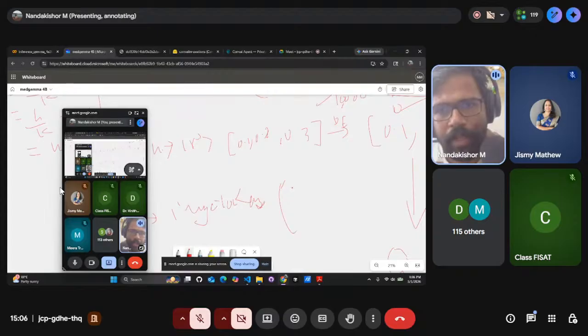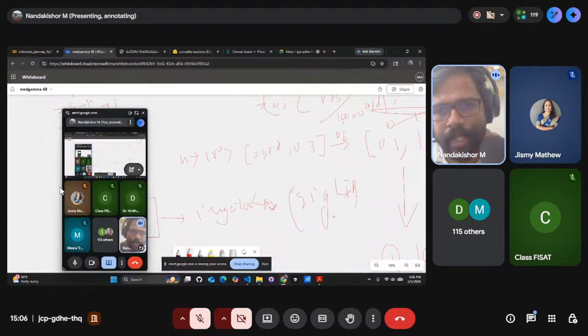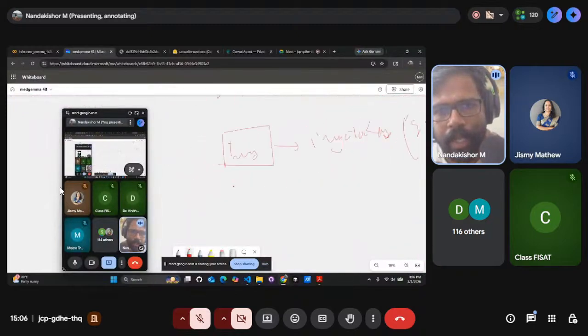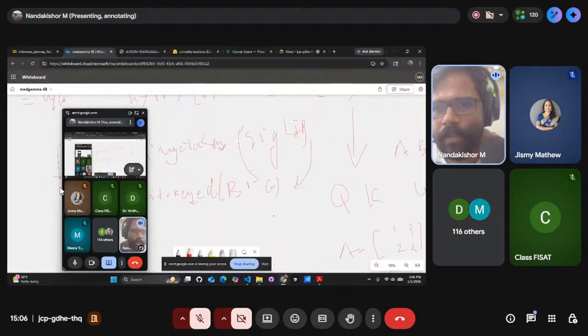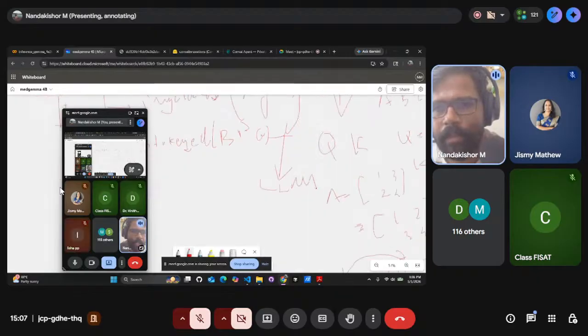In this case we are using SigLIP, sigmoid loss for language image pre-training. And the query, what is it? This is similarly tokenized with a standard tokenizer like byte pair encoding. Then both of them are combined together and fed into the LLM. That LLM is Gemma, the standard Gemma 3 LLM.